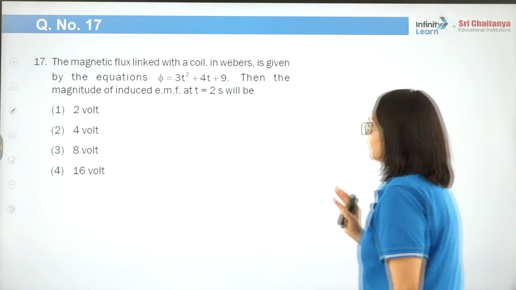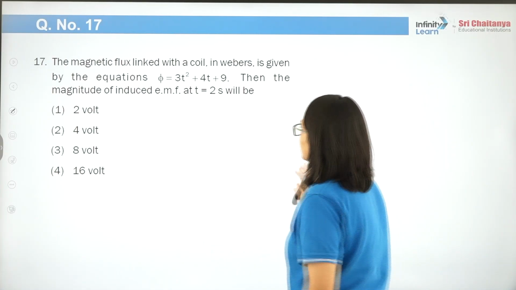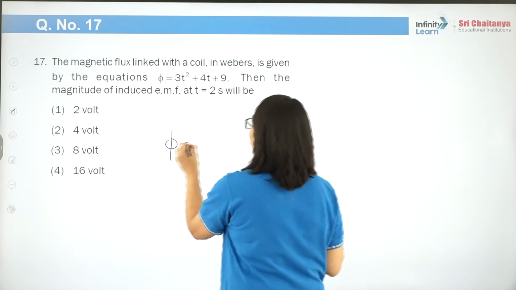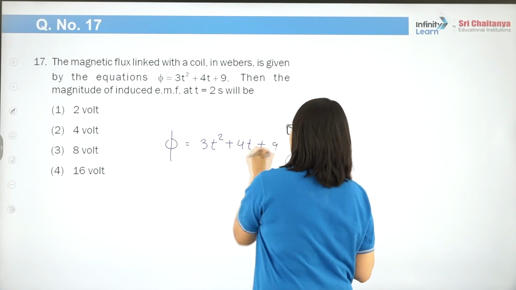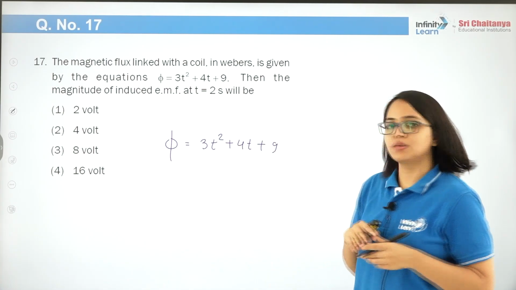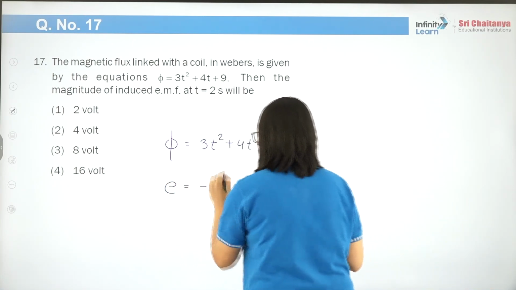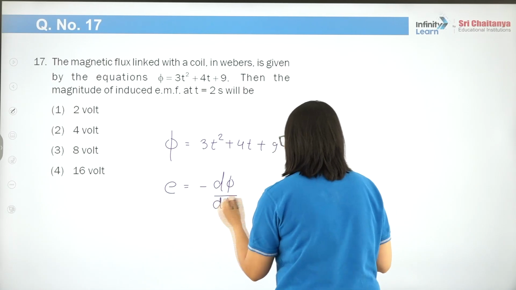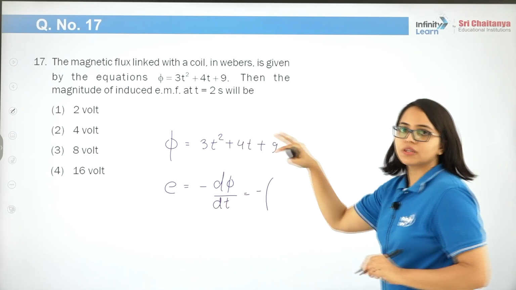Next is question number 17. The magnetic flux linked with the coil in Webers is given by the equation 3t square plus 4t plus 9. Then the magnitude of induced EMF at t equals 2 seconds will be. So E is minus d phi by dt. So it will be minus of the differentiation of this equation with respect to time.